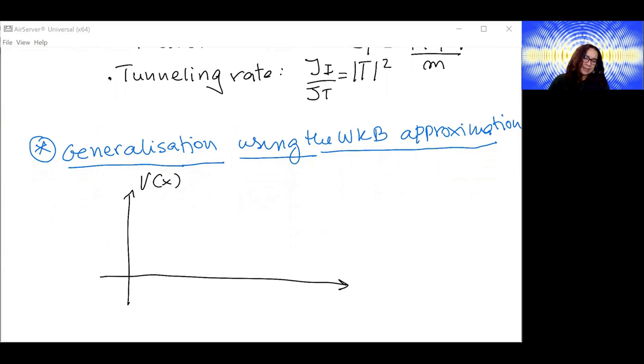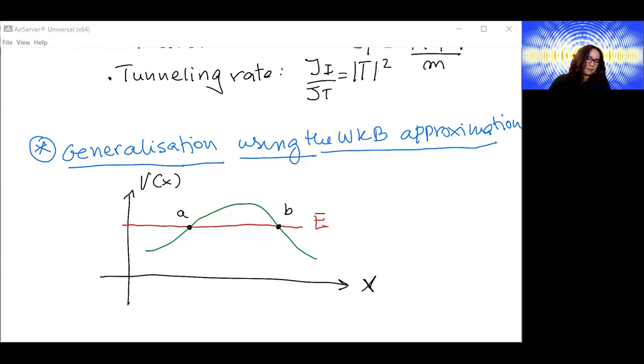We have once more V(x) versus x, but it looks quite different now. You don't have a square well anymore. You have something that is smooth. And we consider once more a particle of energy E. And this is going to give us these two turning points, a and b.